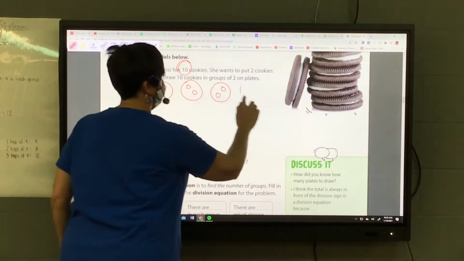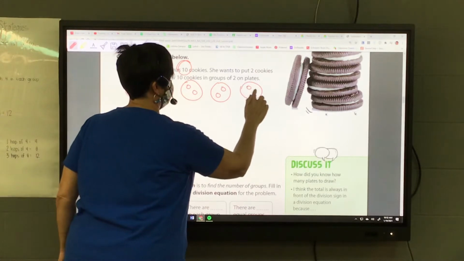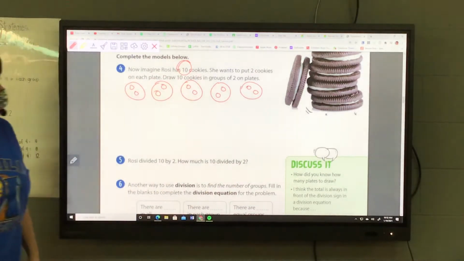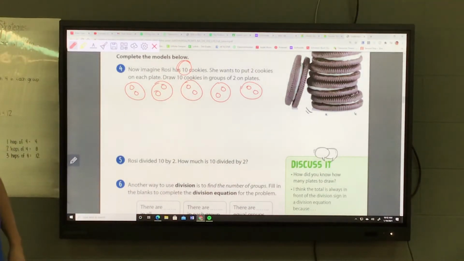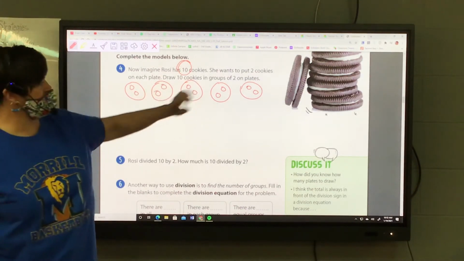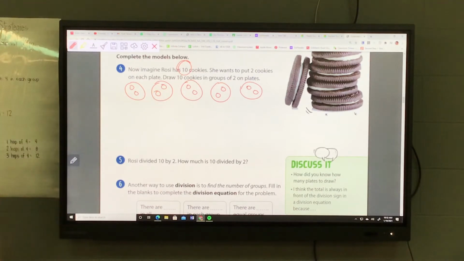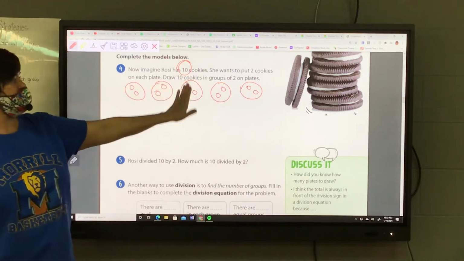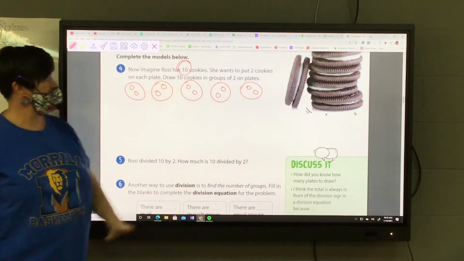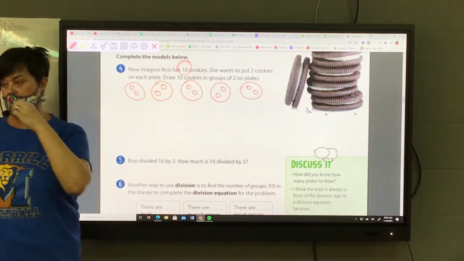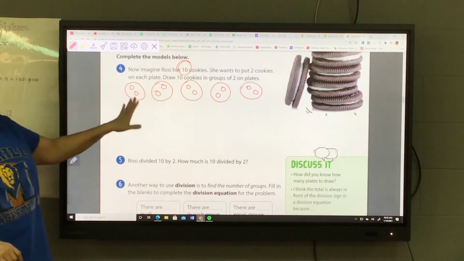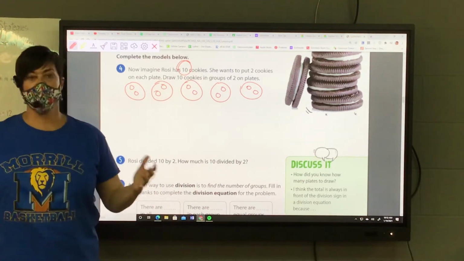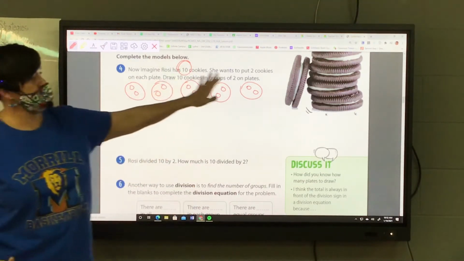No. Did I get up to my 10 cookies now? Let's double check. 2, 4, 6, 8, 10. So I have the 10 cookies that Rosie has, and she puts 2 cookies on each plate. Did I do this first part?